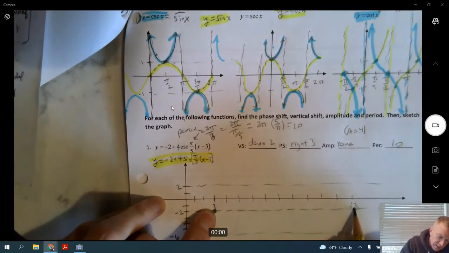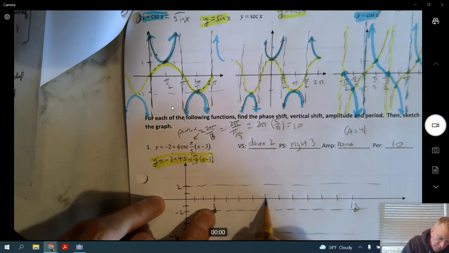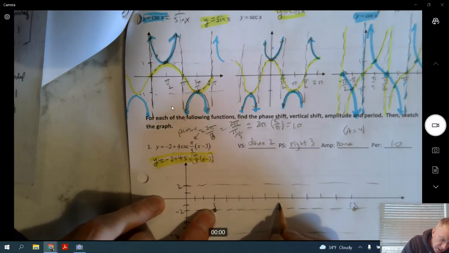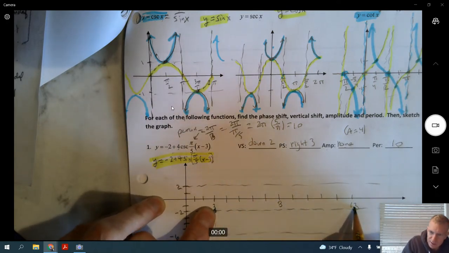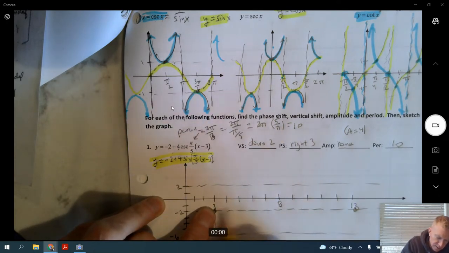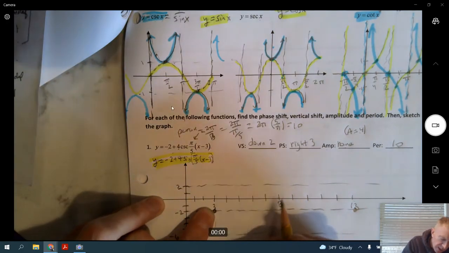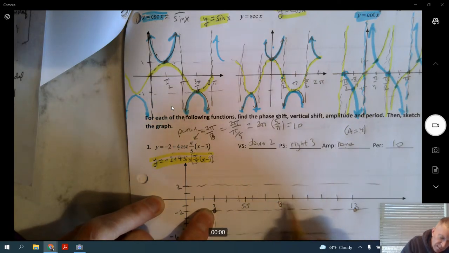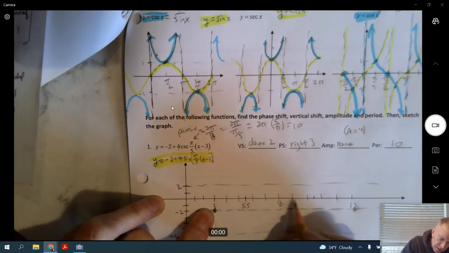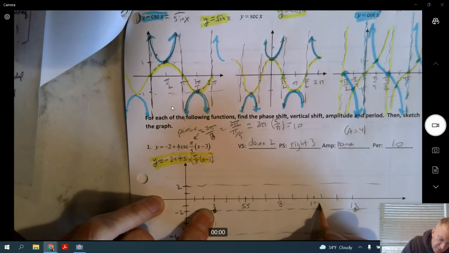Halfway between is 8. Midpoint 3 plus 13 is 16 divided by 2, 8. So that makes sense. And then halfway between here and here would be 5.5. And halfway between here and here would be 10.5.